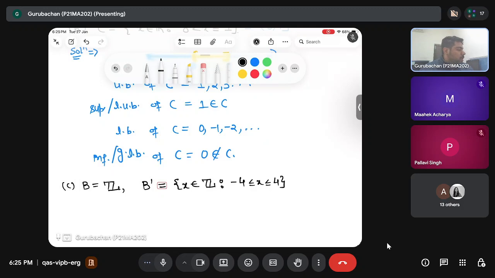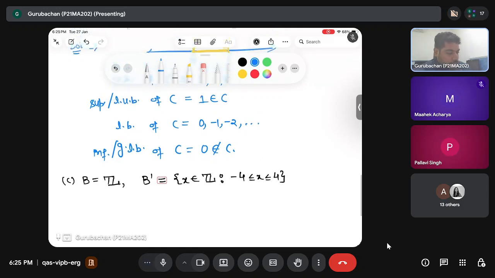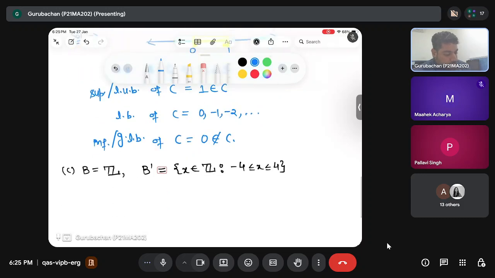So what will be the case of this B? Can you guess what will be its upper bound? Is the set of integers bounded? Can you bound the integers with any real number?